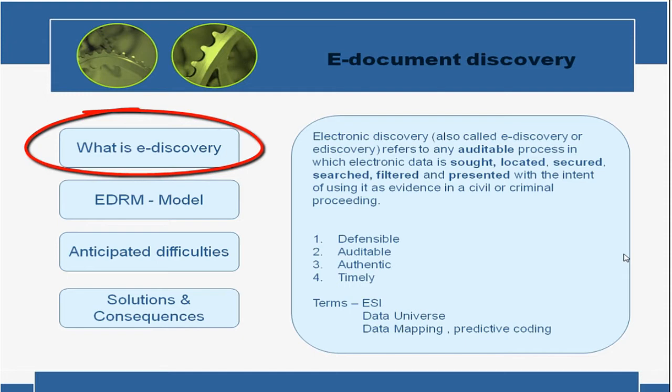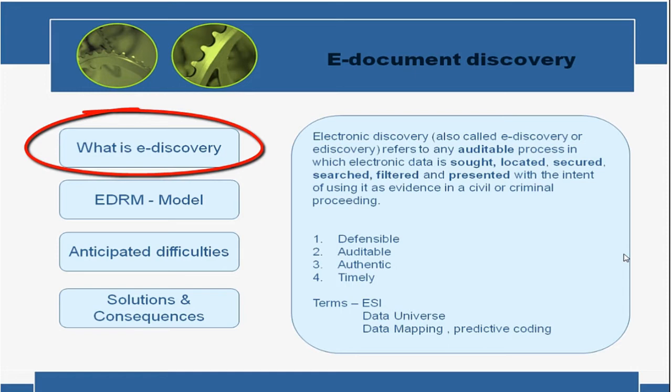Data mapping would refer to actually determining where the data is from, who produced it, and where it's going to. Predictive coding is actually employing computers to help with the search terms and search function of keywords or relevant words that will be useful for a particular case that you're dealing with.